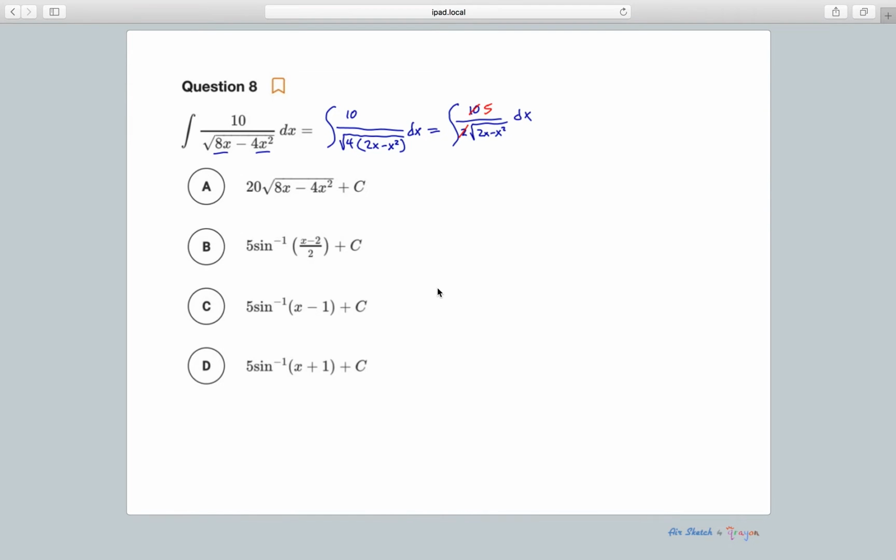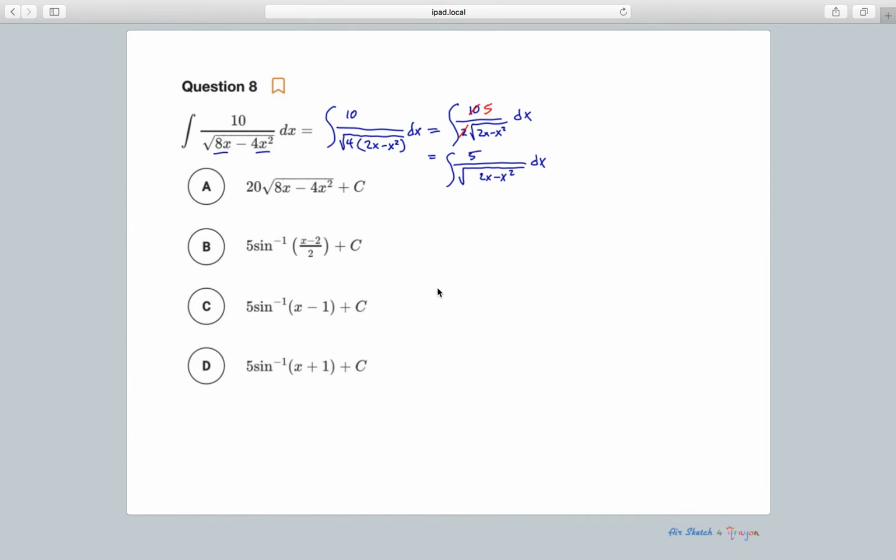So now we're going to get ready to complete the square. So we have the integral of 5 over the square root of 2x minus x squared. So I'm going to complete the square here. It's probably been a while since you've done this.